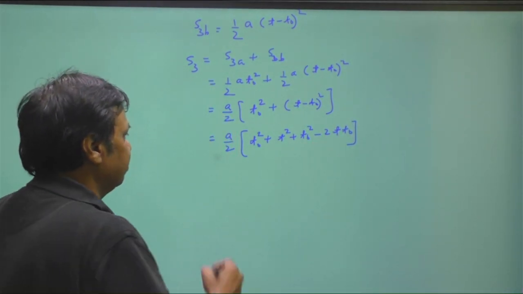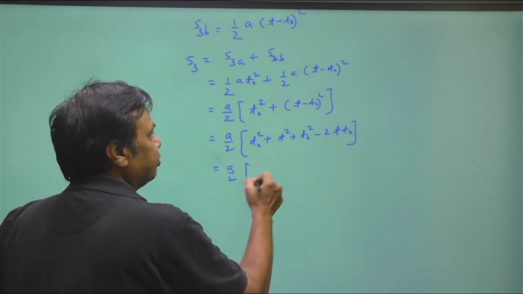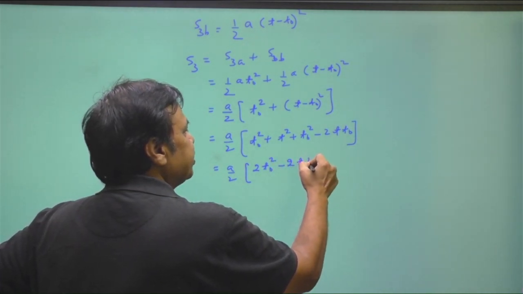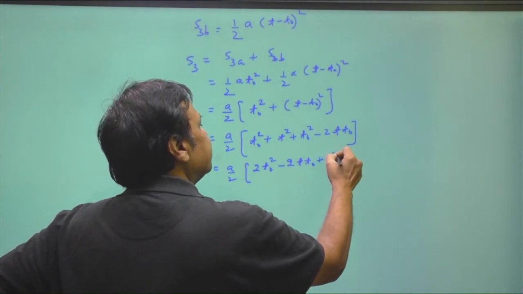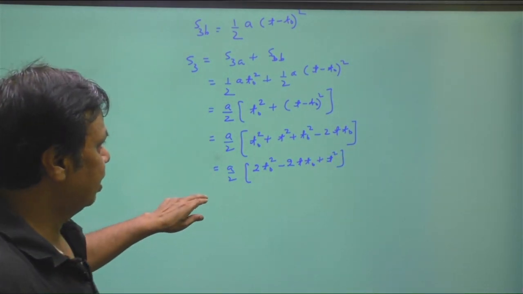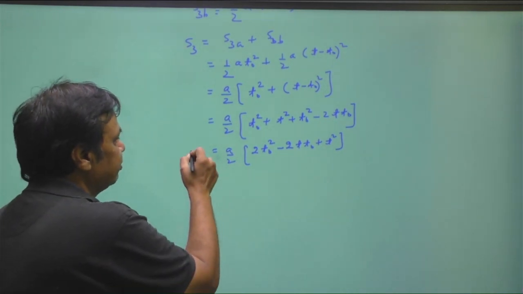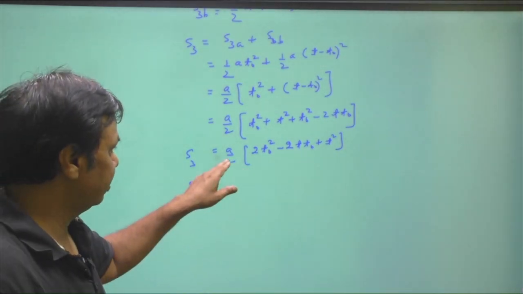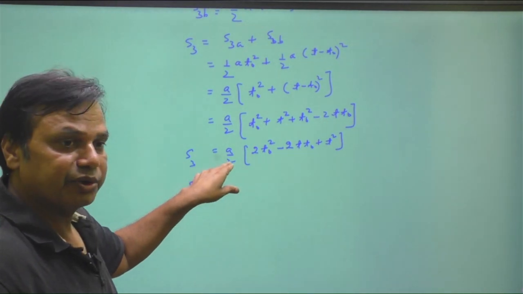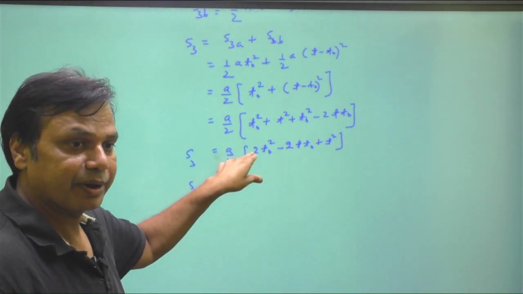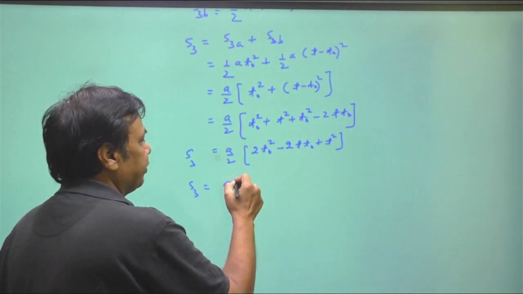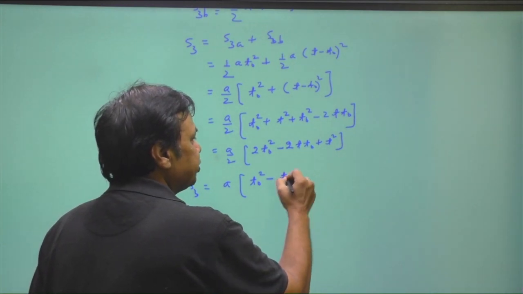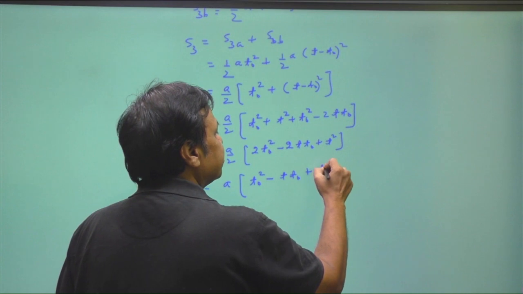And you get a by 2 times 2 t naught square minus 2t t naught plus t square. And this is S3 basically. I am going to take this 2 inside the square bracket so that I can write it as a, t naught square minus t naught t, plus t square by 2.